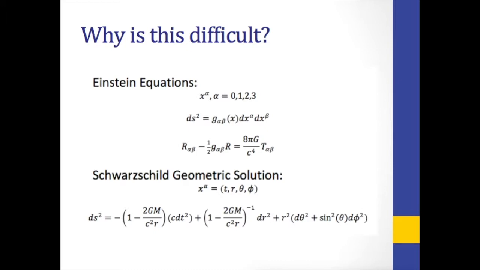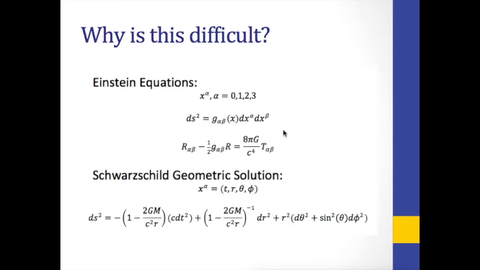So this metric we would use determines the squared distance, which is the ds squared here, if you look. It determines the squared distance in 4-dimensional spacetime between 2 points that are separated by infinitesimally small coordinate intervals. So what we're doing here is integrating this over dx superscript alpha and dx superscript beta.